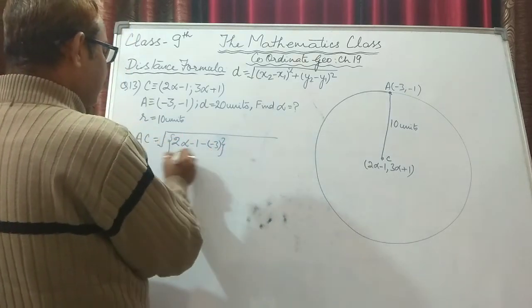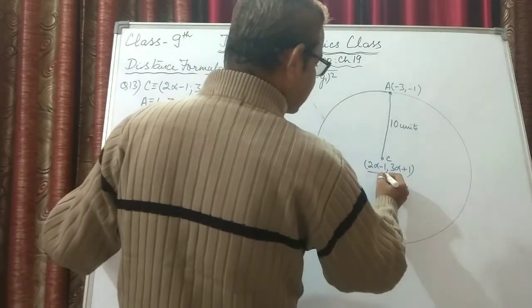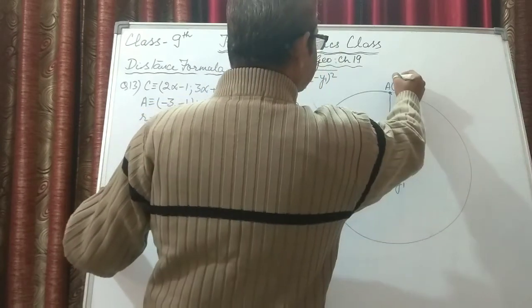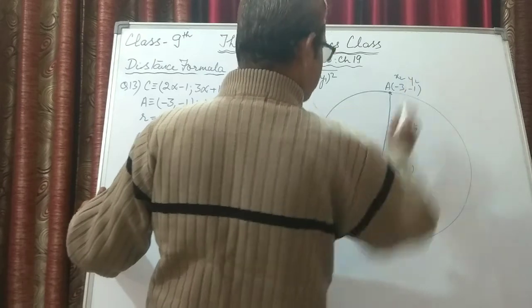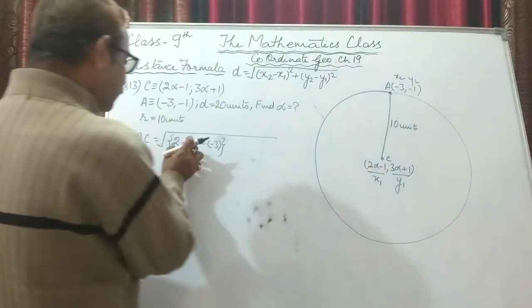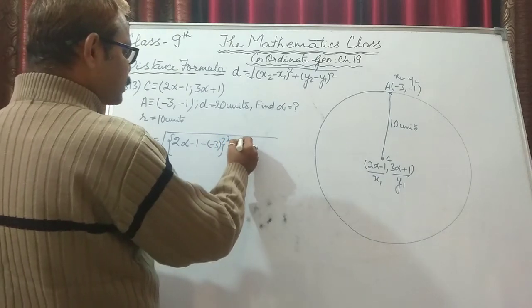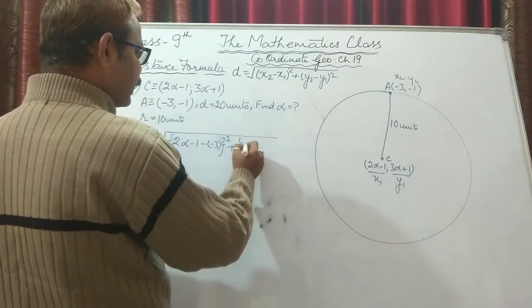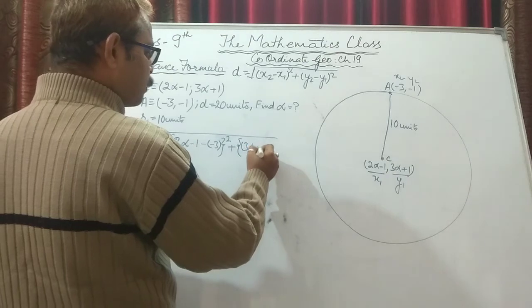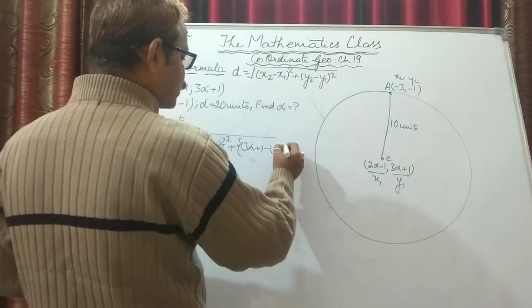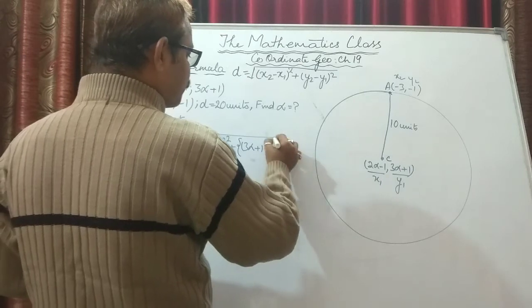This total will be considered as x1 and this total as y1, and this is x2 and y2. So it is x1 minus x2 whole square, plus y1, y1 is 3 alpha plus 1, minus y2 of minus 1, and its whole square.